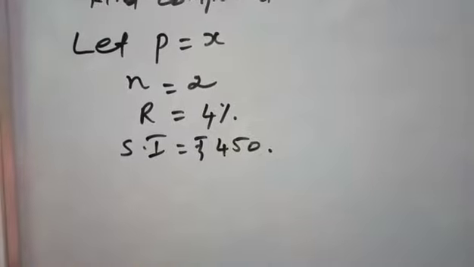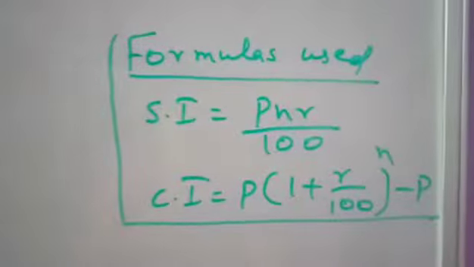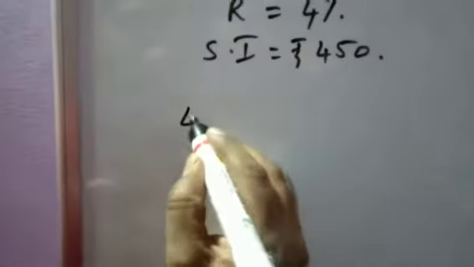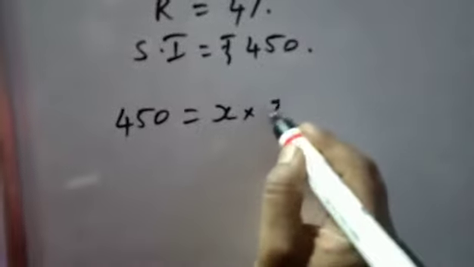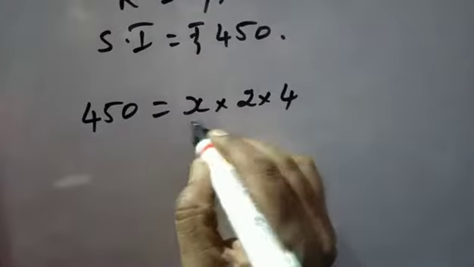So we are applying the simple interest formula. Simple interest equals PNR by 100. So simple interest 450 equals principal x into 2 into 4 by 100.